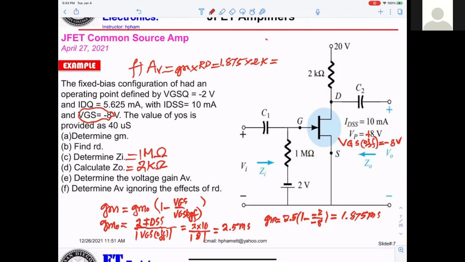Wait a minute, you said GM times the big RD, right? Right. So what was GM? GM was 1.875 times 2K. That's 3.75. Yeah, that's what I get.